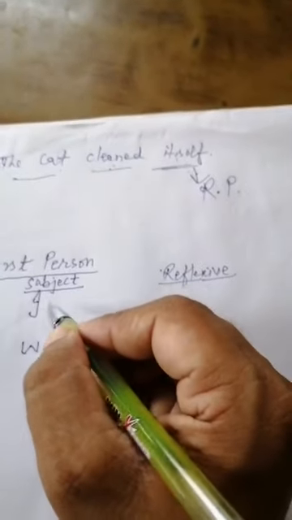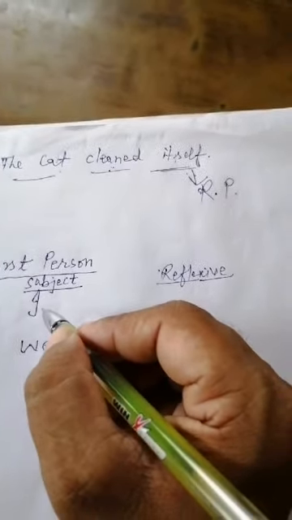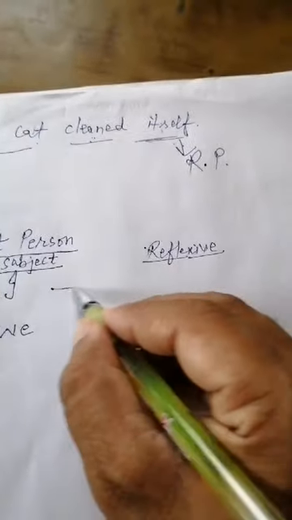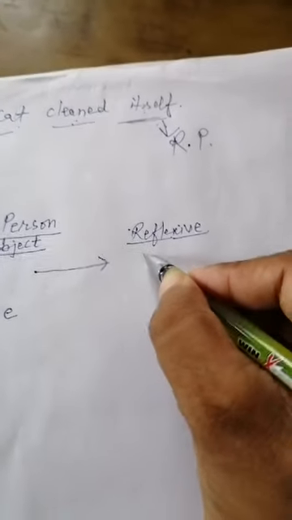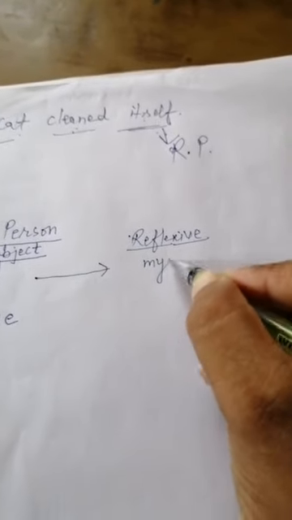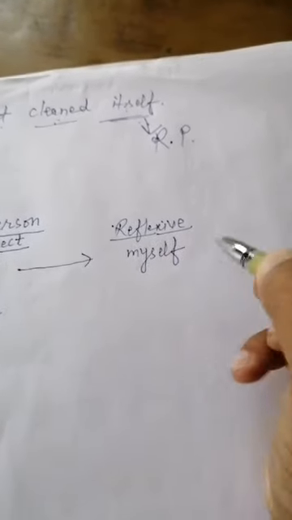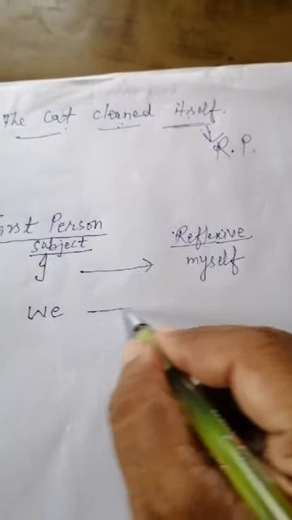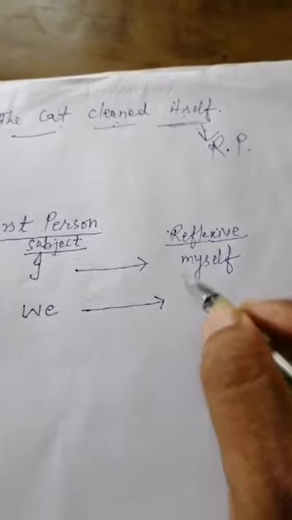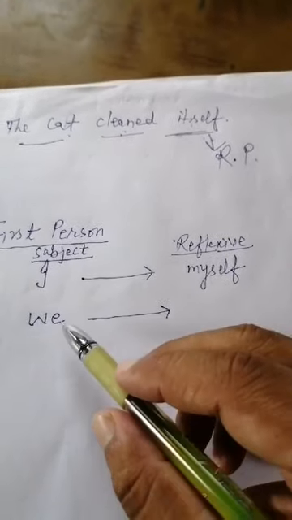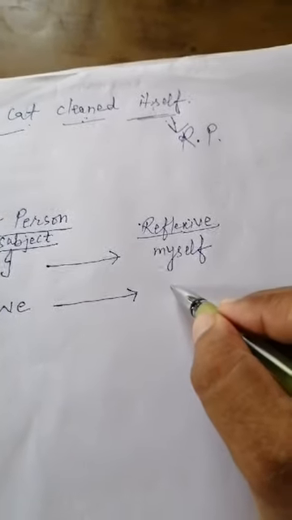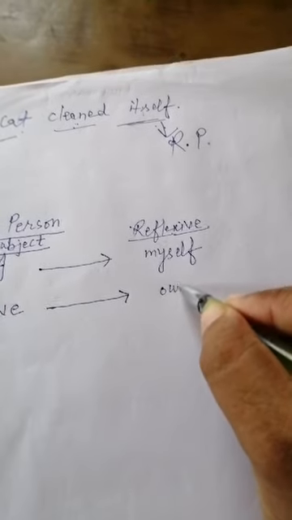This is actually your personal pronoun, and its reflexive form will be: I, myself. And we, the reflexive form of we will be ourselves.